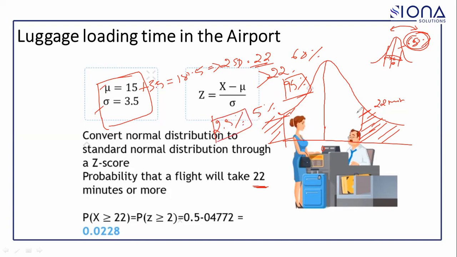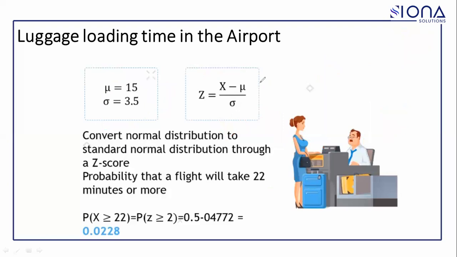Do you have to do all this exercise to find out? Just by looking at the data, you can immediately guess the answer, right? Now, if you want to do it practically, you find out the Z score.